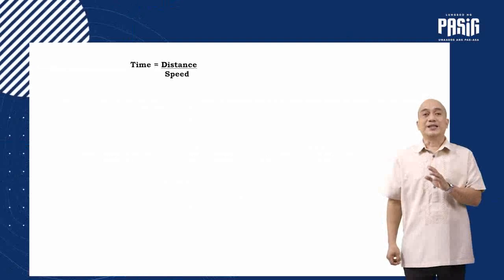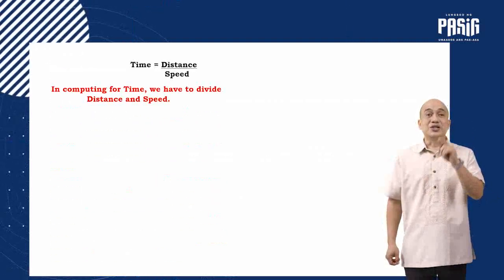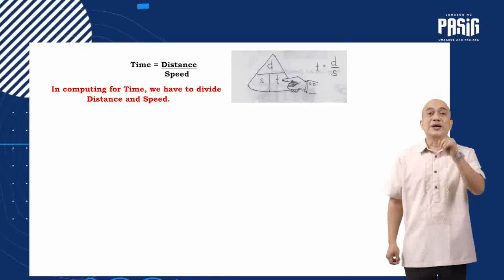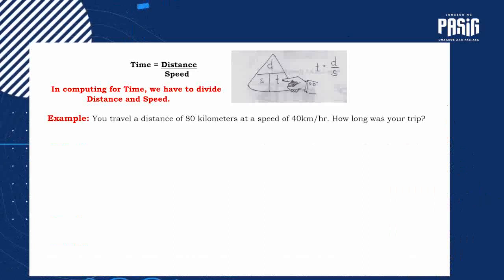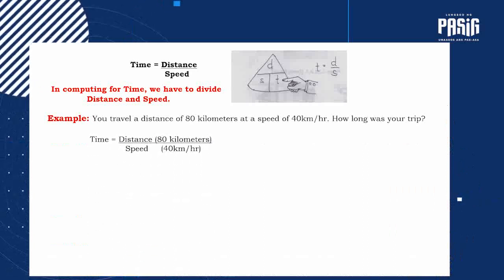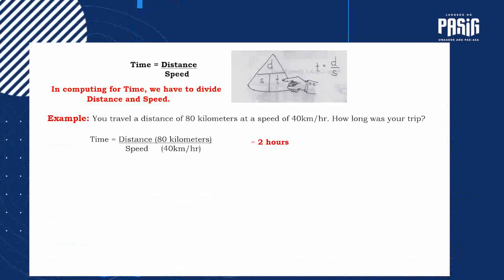The formula for time is distance divided by speed. So in computing for time, we have to divide distance by speed. So we have the illustration. Example, you travel a distance of 80 kilometers at a speed of 40 kilometers per hour. How long was your trip?